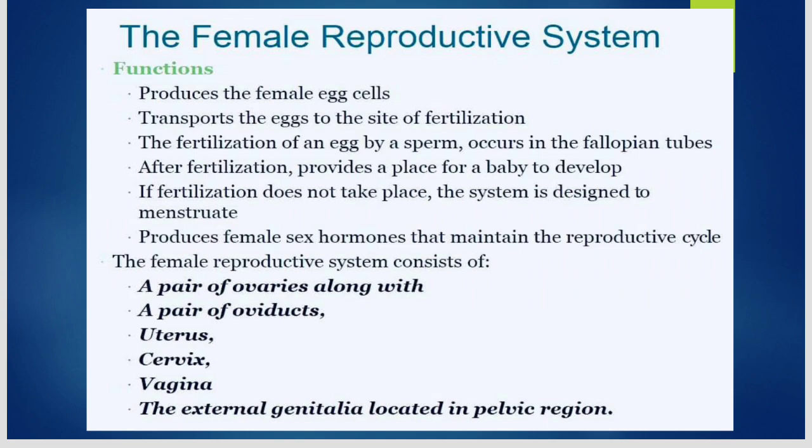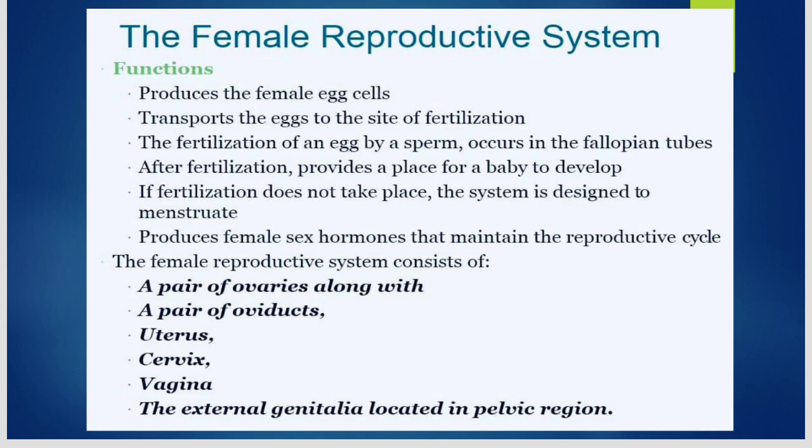Now, the first thing that you have to remember here is the functions of the female reproductive system. The functions are to produce the female egg cells and transport the eggs to the site of fertilization. The fertilization of the egg by sperm occurs in the fallopian tubes. After fertilization, it provides a place for a baby to develop.